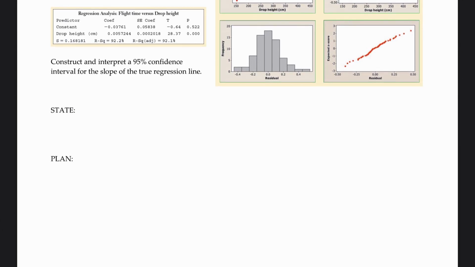To start out, we state what we are doing here. Well, we're not testing a hypothesis.